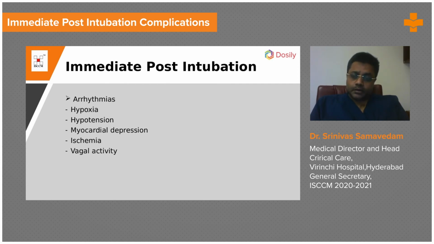So on this background, a hypoxemic patient is at a higher risk of developing a refractory arrhythmia than somebody who has normal oxygen content in the blood. So the causes of arrhythmia immediately post-intubation could be hypoxemia. Avoid this at any cost. Hypotension, the two common problems which we discussed in the previous slides, are the two most common causes of arrhythmias in patients who have just been intubated for ventilator support.